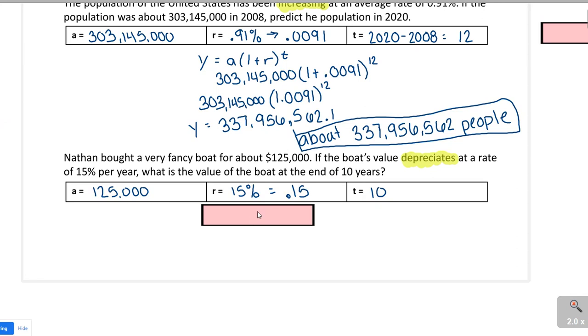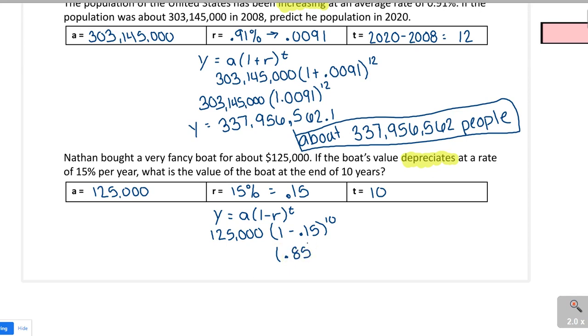So we're using the decay equation. So y equals a times 1 minus r raised to the t. Substitute our values in. A is 125,000 times 1 minus our rate, 0.15, raised to the t, which is 10. Now, 1 minus 0.15 is 0.85.